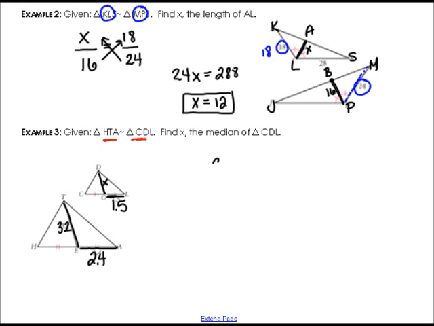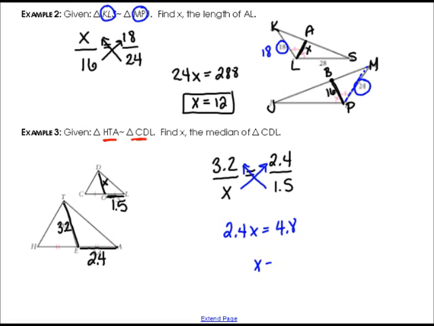So I'm going to do 3.2, which is my median of triangle HTA, over x, and set that equal to 2.4, which is the side of triangle HTA, in comparison to the side in CDL, 1.5. So go ahead and cross multiply. Here we get 2.4x is equal to 4.8. Divide by 2.4, and x is 2.